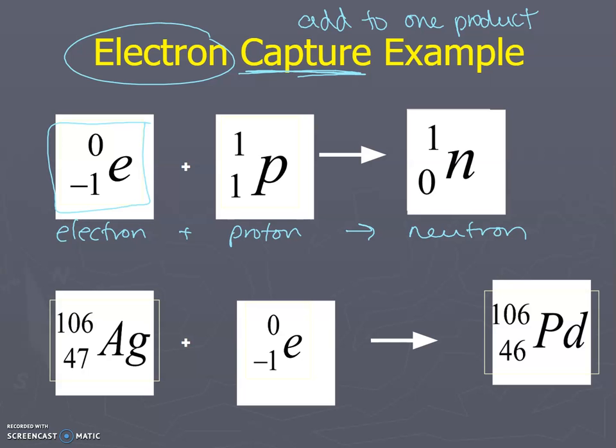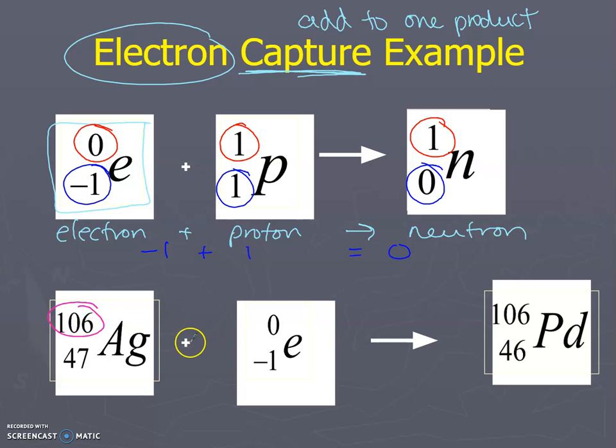So if we follow the numbers, 0 plus 1 equals 1. And then negative 1 plus 1 equals 0. Okay? 106 plus 0 equals 106.